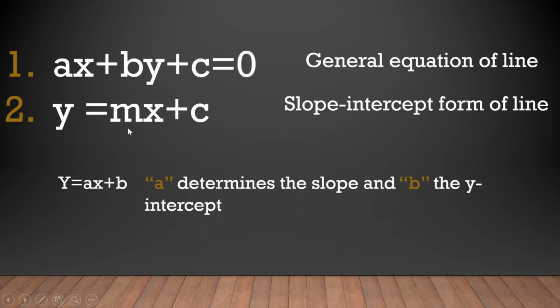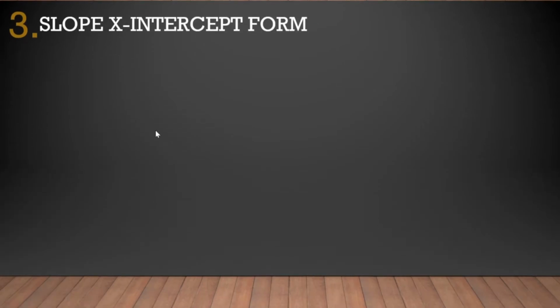Therefore, I'm just changing this equation to this form. So you have to learn these equations in these formats. If you have been given the slope and the y-intercept, you can write down the equation of the line, where x and y are the coordinates of any point of that specific line.